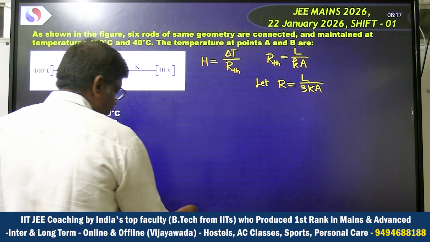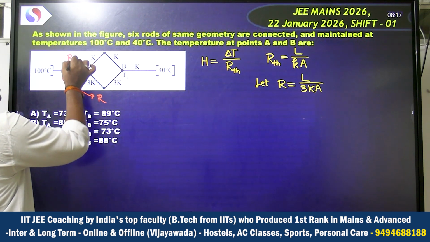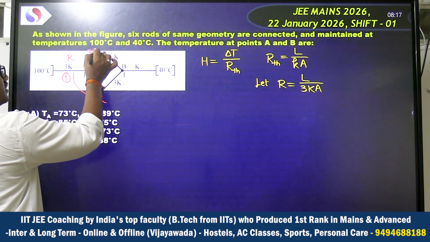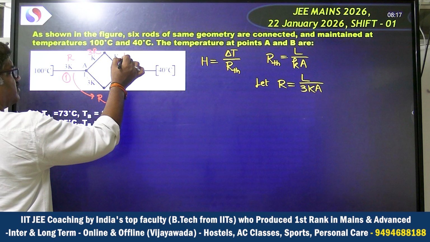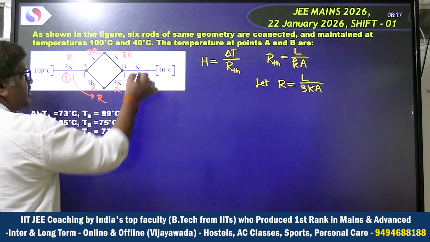So this one has thermal resistance R, this one 3R, this one 3R, this one R, and this one 3R.